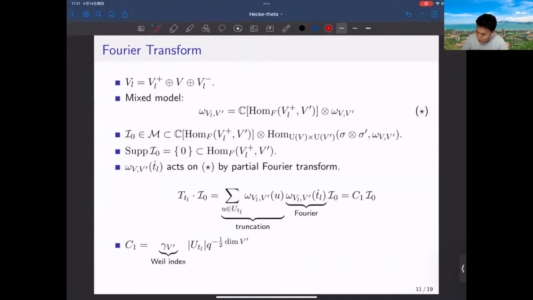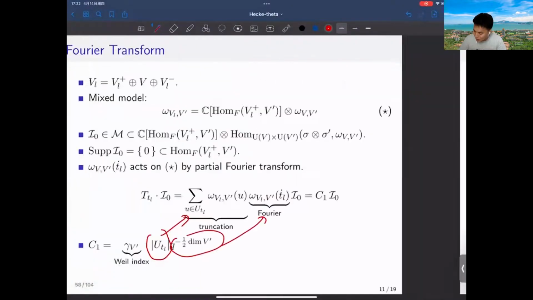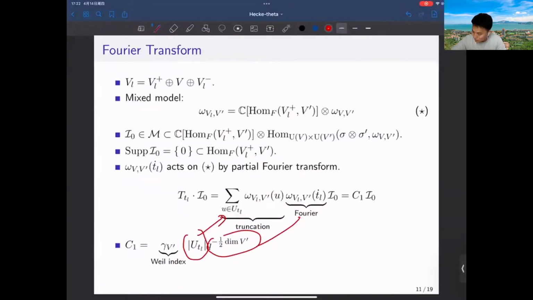So this number is coming from the truncation, and this number is coming from the Fourier transform. It's a unitary operator, so it will map 1 to the whole space, but with a scalar. The scalar is nothing but half the dimension of V prime occurring in the Q power. Okay, and then you also have some Weil index.